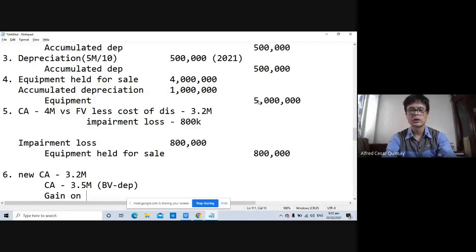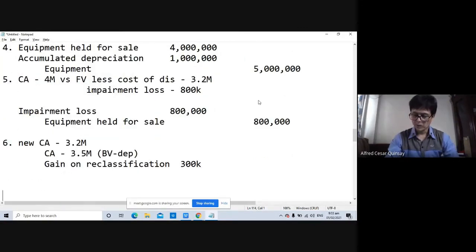Gain on reclassification. Magkano yun? This is 3.5 less 3.2, that's 300K. Okay? Nakalagay doon. Ayan. So, this is simple.